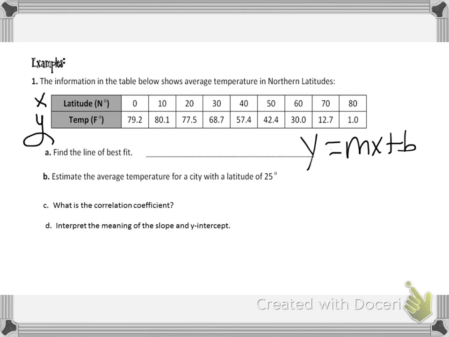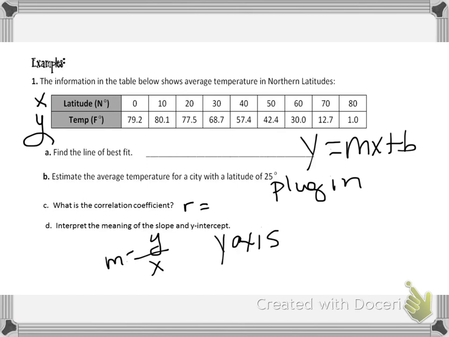Estimate the temperature, this we're going to plug in. What's the correlation coefficient? That is R. And then slope and y-intercept. Remember, slope is y divided by x. Y-intercept is the y-axis. These are the things we're going to talk about, and we're going to do several problems with these.